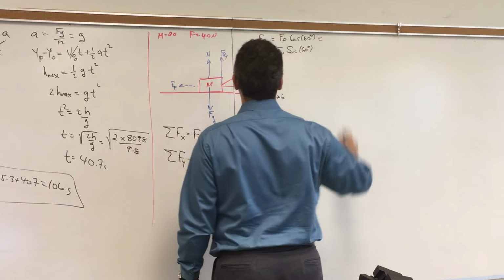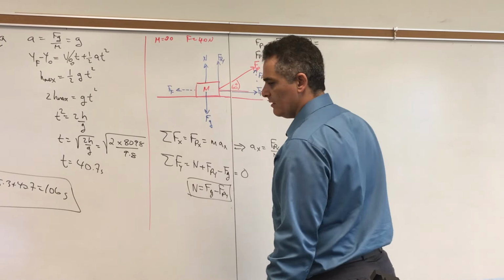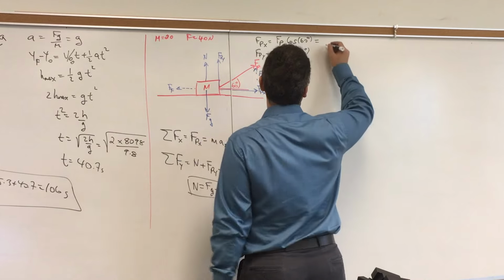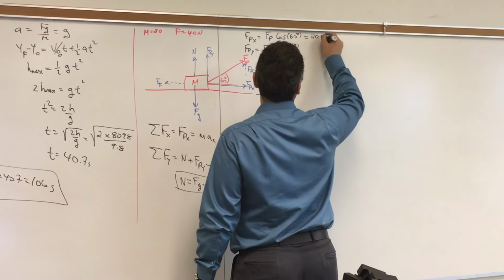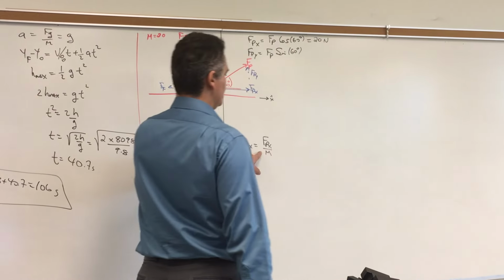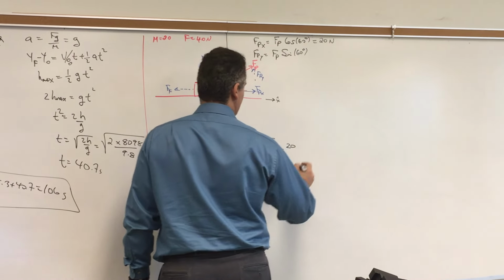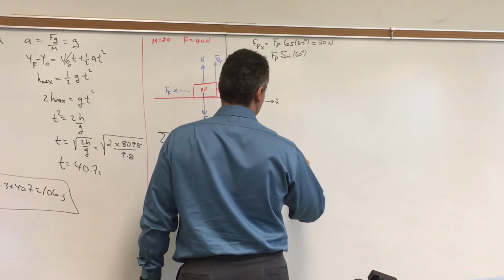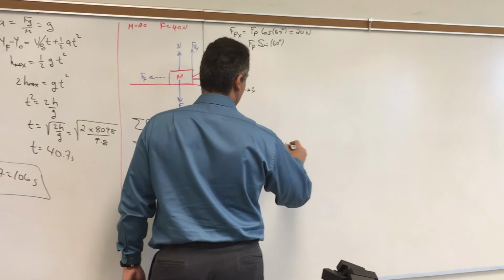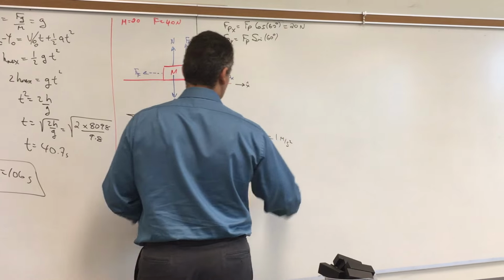Cosine 60 degrees is 0.5, right? It was 40 newtons was the F pulling, right? So that means FPX is 20 newtons. Okay? So I can plug this in over here. Say AX is going to be 20 newtons divided by 20 kilograms, right? So that's 1 meter per second squared. That's my AX.